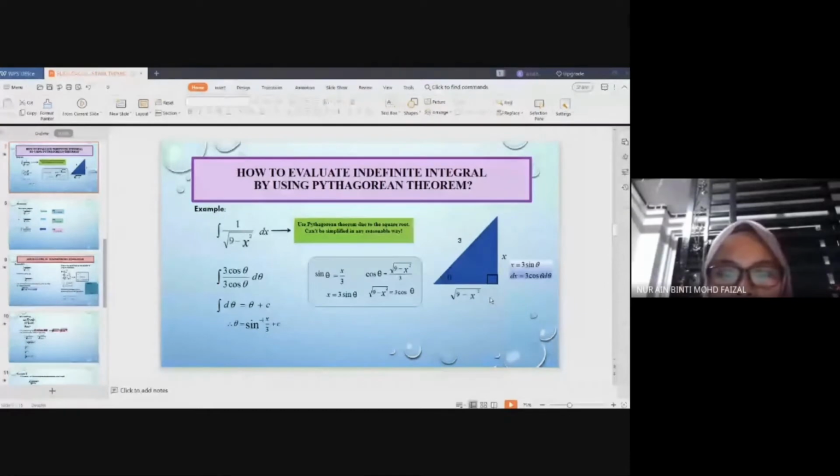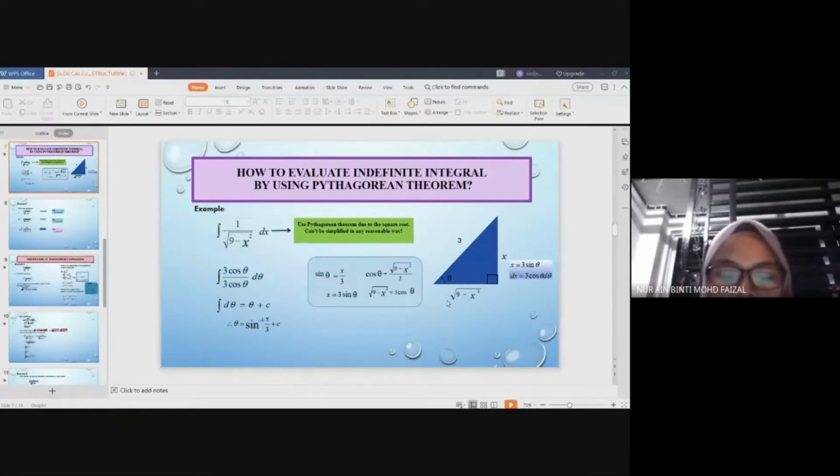If I point to this side, what is this in terms of x: opposite, adjacent, or hypotenuse? This is opposite, this is adjacent, and this will be the hypotenuse. The square root of 9 will be 3, the square root of x squared will be x, and we put the denominator, the square root of 9 minus x squared, into the adjacent side.